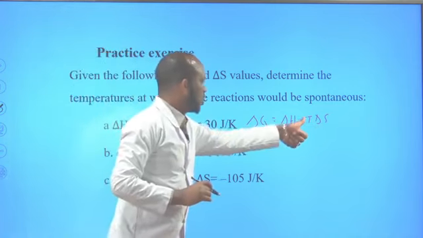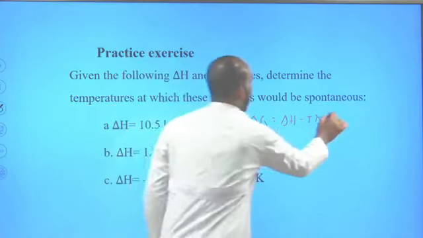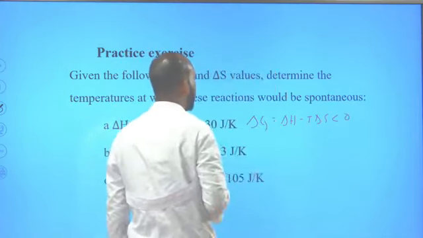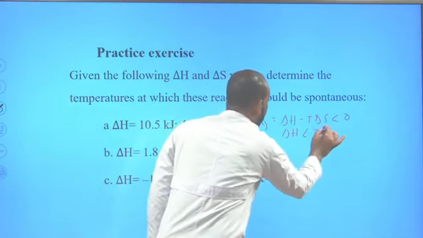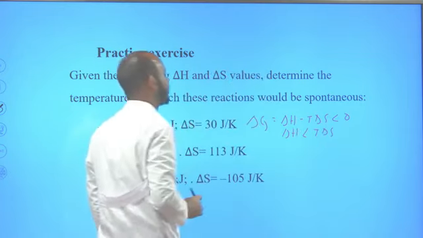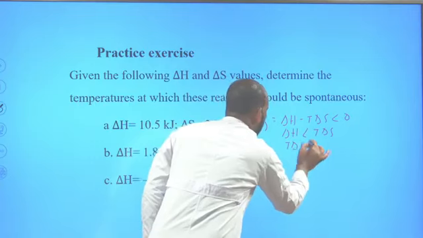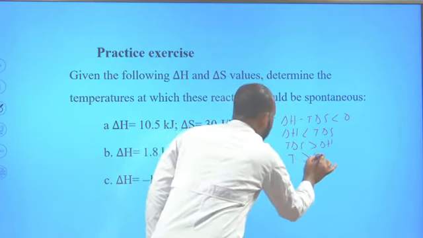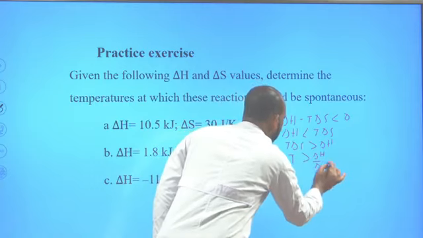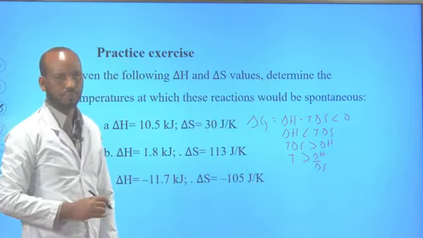If the reaction is spontaneous, delta G must be less than 0. This is the same as delta H is less than T times delta S, or T times delta S is greater than delta H. For T greater than delta H over delta S, this reaction would be spontaneous.